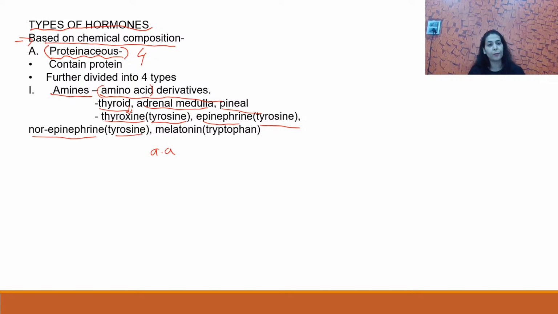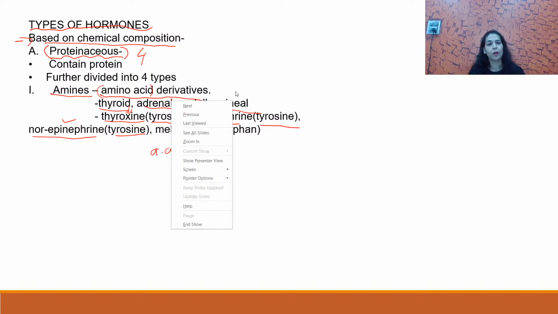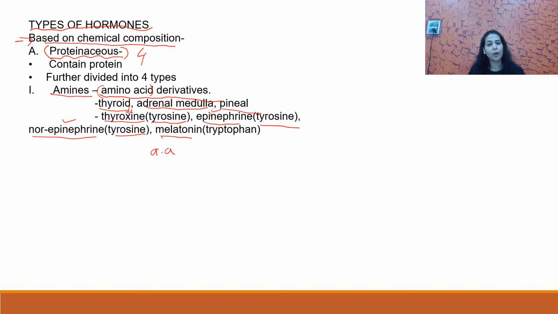Norepinephrine, again formed from tyrosine. Both epinephrine and norepinephrine are formed from medulla. Melatonin. Melatonin is produced by pineal, and that is formed from tryptophan. Are you following this, bachalo?